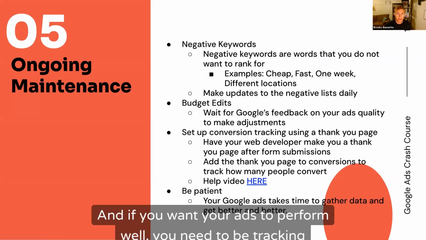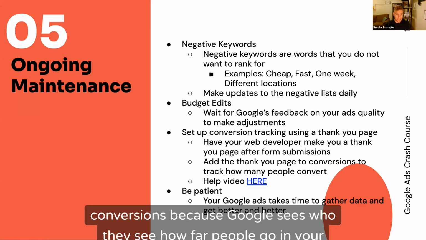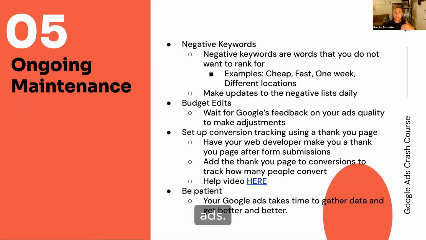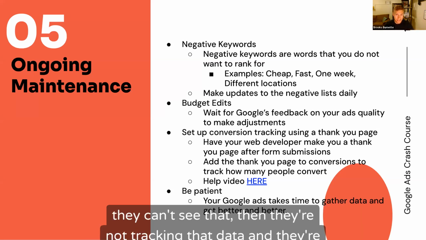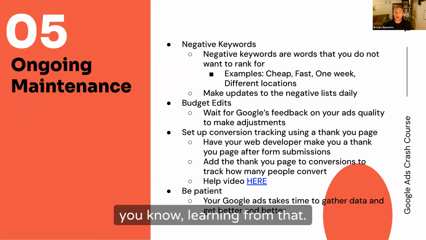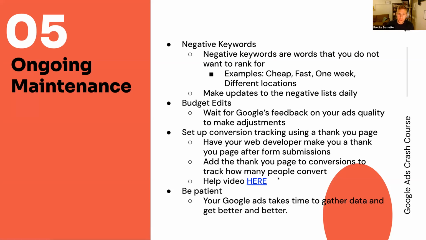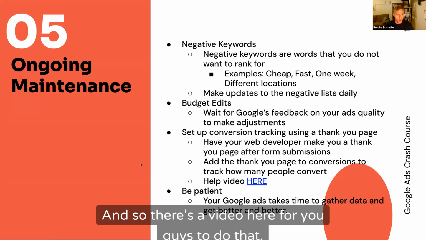If you want your ads to perform well, you need to be tracking conversions because Google needs to see how far people go in your ads. If they can't see when people are submitting the form, then they're not tracking that data and they're not learning from that. Okay, so you need to do that. And there's a video here for you guys to do that.